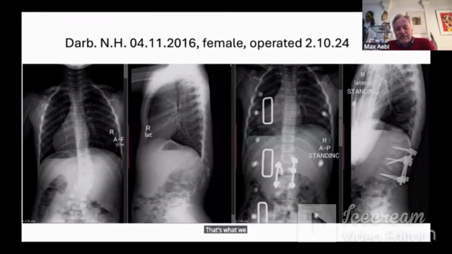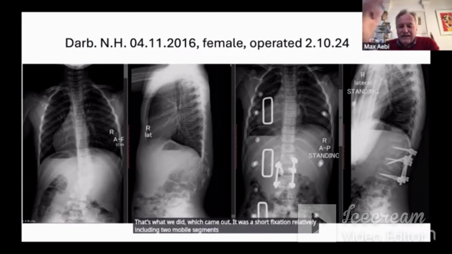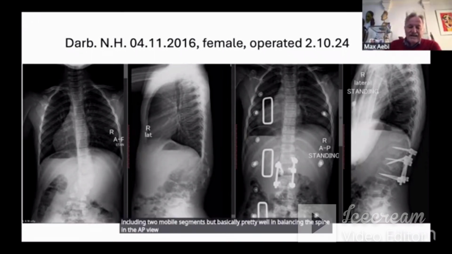It was a relatively short fixation, including 2 mobile segments, but it balanced the spine pretty well in the AP view, but also in the sagittal view, just by a localized procedure with a partial resection of the hemivertebra and some osteotomies in the back.